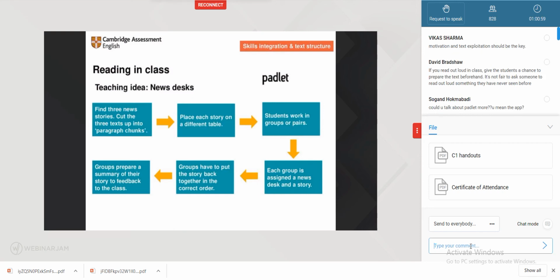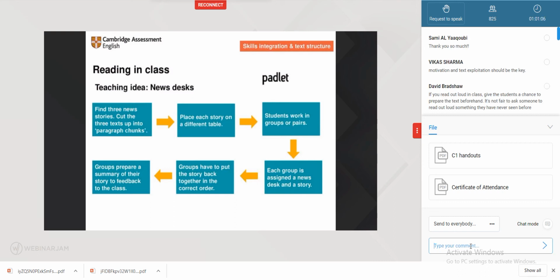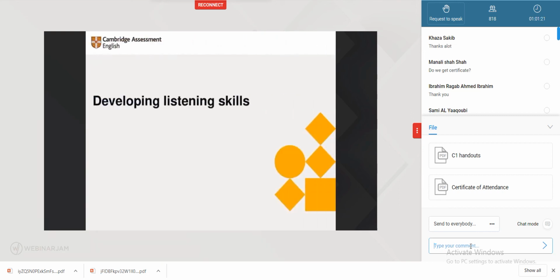Split things up, and the first stage is working together and deciding which text comes from which paper, which I think is very useful for use of English. Register, formal versus more informal language. It's a really nice activity. I mean, I used to get a week out of that activity. It's very useful.